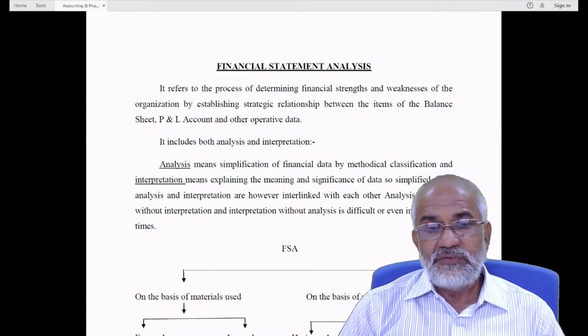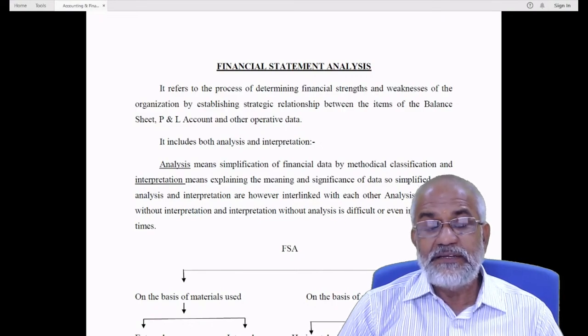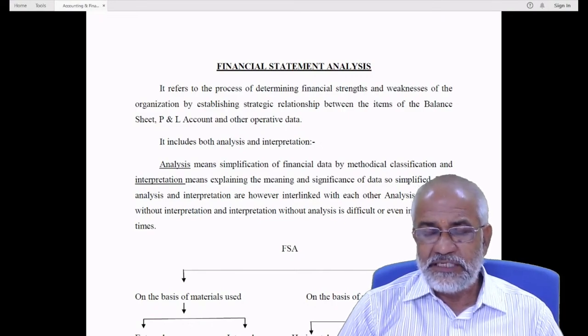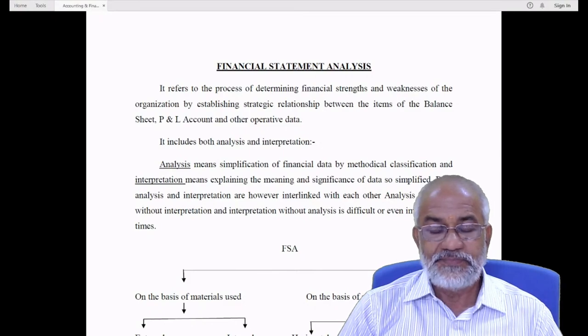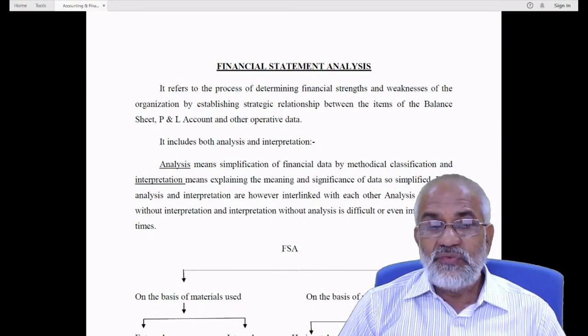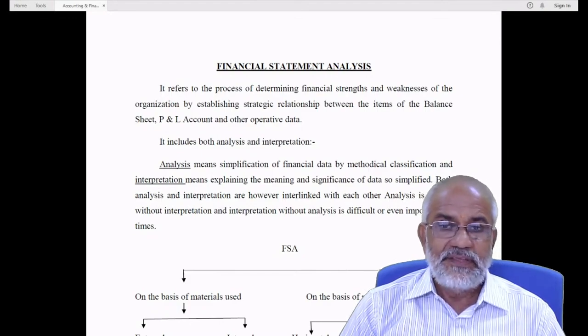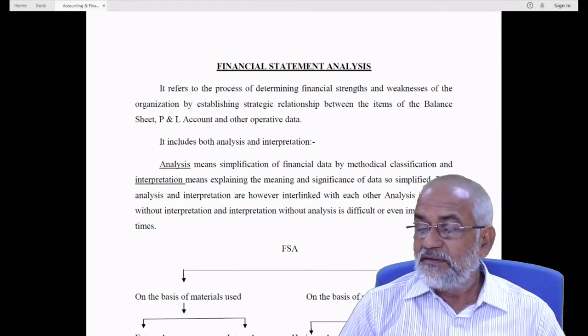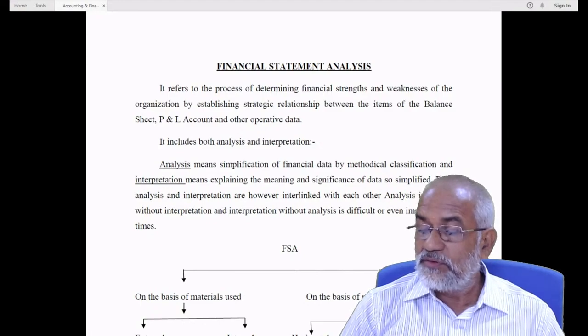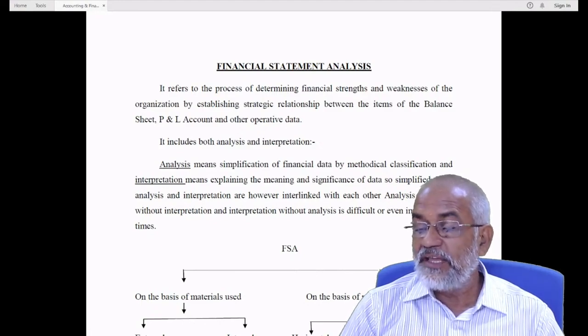So this is about the financial statement or the income statement and the balance sheet. Then if we go for financial statement analysis, the first module of this block 4 is about the understanding of the annual report.